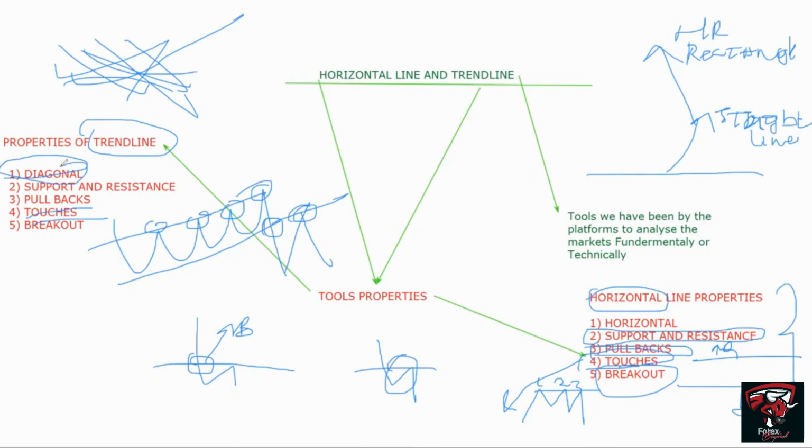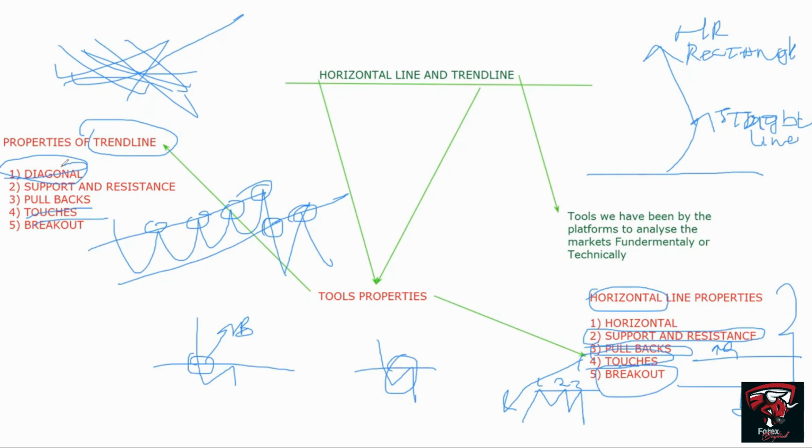Once you know the properties of these tools, you can understand why, when, and where you should draw them. Like I said, this is going to be the shortest session ever. There is nothing huge to explain here, because if I start explaining more, I'd be teaching new content now.